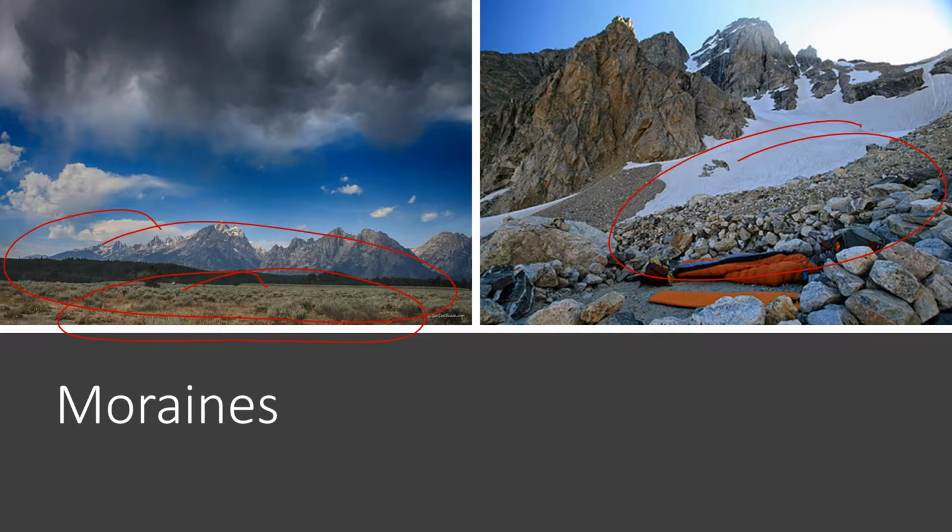And so where this happens, you can have the longer term deposition of material as the glacier melts, giving rise at the maximum extent of the glacier's movement to a moraine, and it's called a terminal moraine because that's the furthest extent that the glacier achieved.